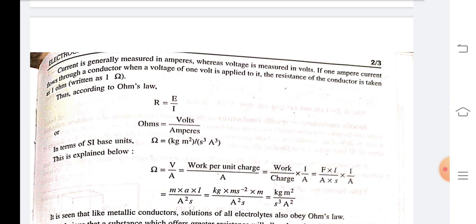Thus, according to Ohm's law, R is equal to E by I, or ohms is equal to volts upon ampere. In terms of SI base units, ohm is equal to kg meter square upon S cube A square. This is explained below.